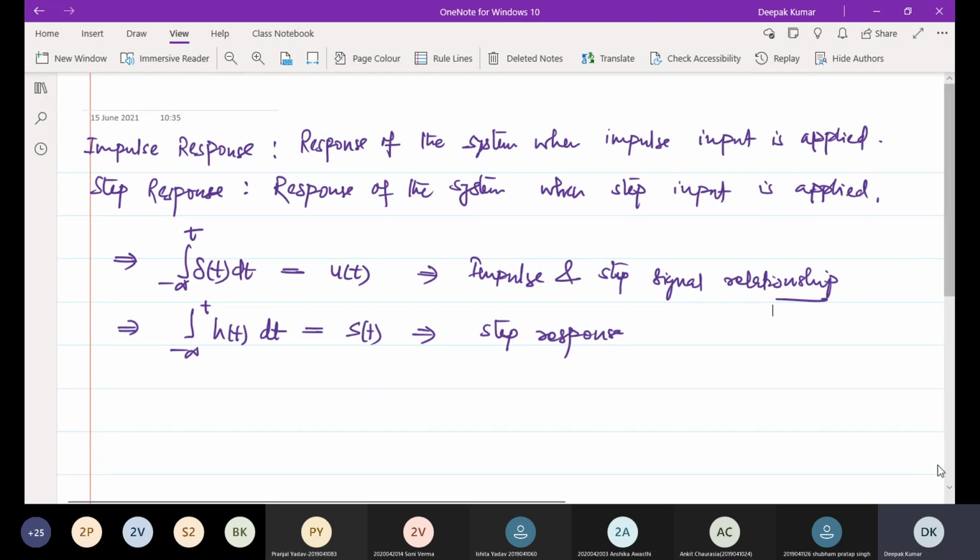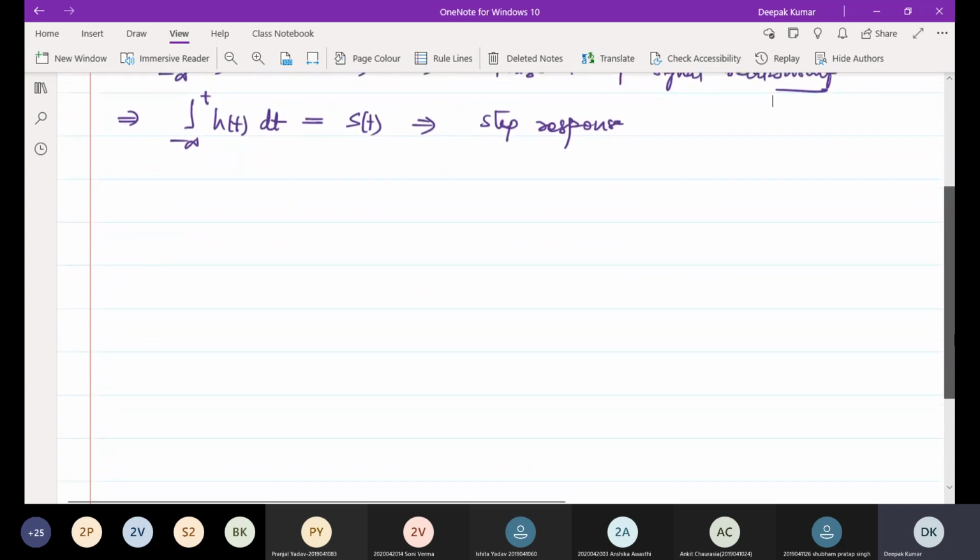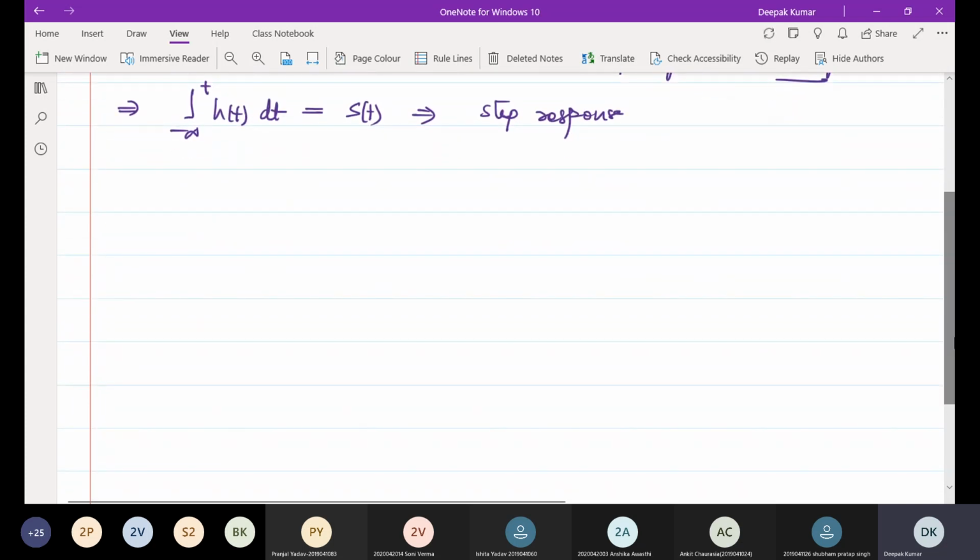Now the next definition: what is the order of a system, because we will discuss second order and first order systems. So the question arises, what is the order of the system?